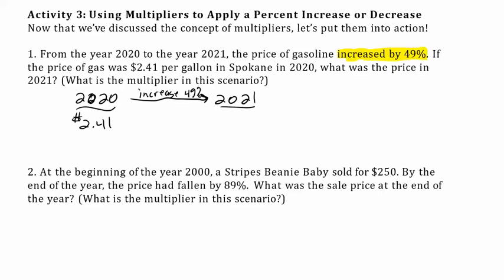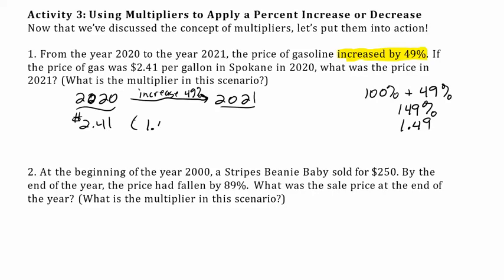Okay, so what's our multiplier? We want to take 100% of the $2.41, and then we want to add on 49%. Well, we don't want to, but that's what happened. So the new price is going to be 149% of the original price. What's the decimal for 149%? That's 1.49.